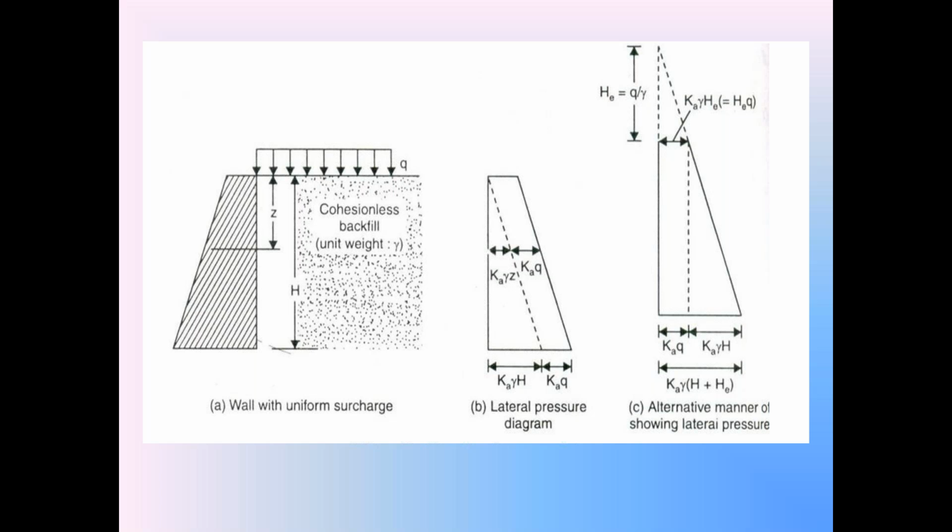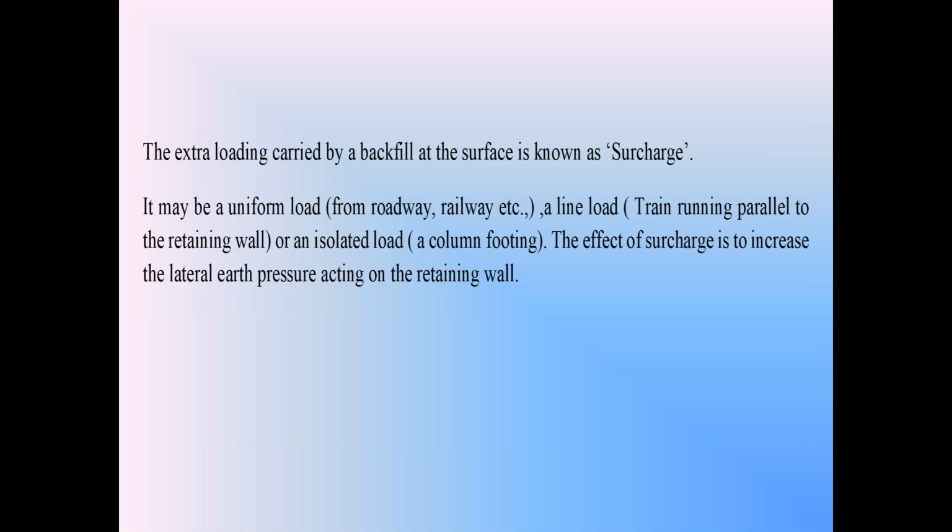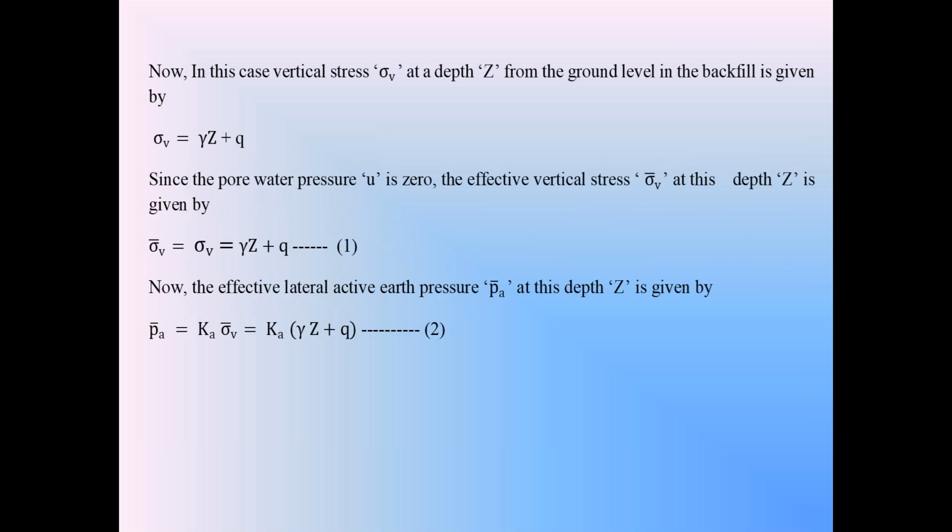So we are going to discuss the next condition in Rankine's active earth pressure theory, that is, the top of the backfill is an inclined plane surface. So check that condition in Rankine's active earth pressure theory. Please everyone go through that heading in the PPT: active earth pressure of dry or moist cohesionless soil backfill with inclined surcharge.